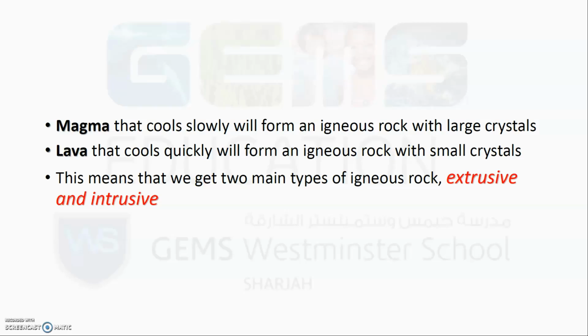This will make the rock more expensive to sell, and it will be harder and more durable. Lava that cools quickly will form an igneous rock with small crystals. Lava always cools very quickly, so the crystals will be small, unlike the rock from magma with large crystals.